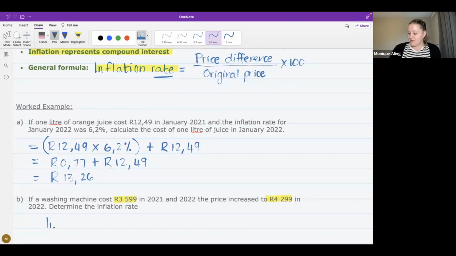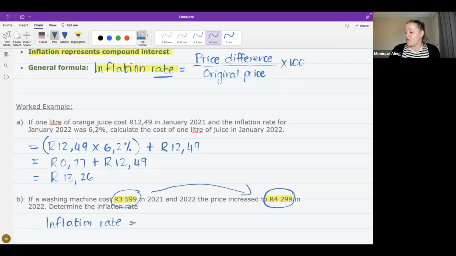So inflation rate is equal to our price difference. What is the difference in price? As you can see, it went up. It started at 3,599 and it's increased to 4,299. So to work out the price difference, we take the new price minus the old price.